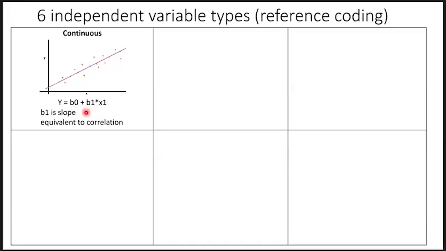Okay, but by putting a continuous variable x and a continuous variable y in the model, it's just like we did a correlation between x and y. It's the same thing, okay? So that's how we see how linear models can also do correlations. They're even more powerful than correlations, okay?